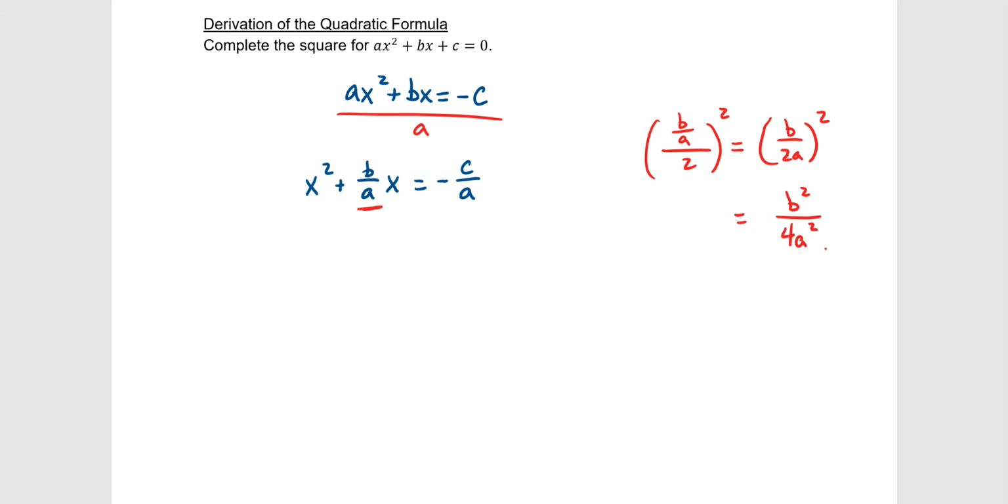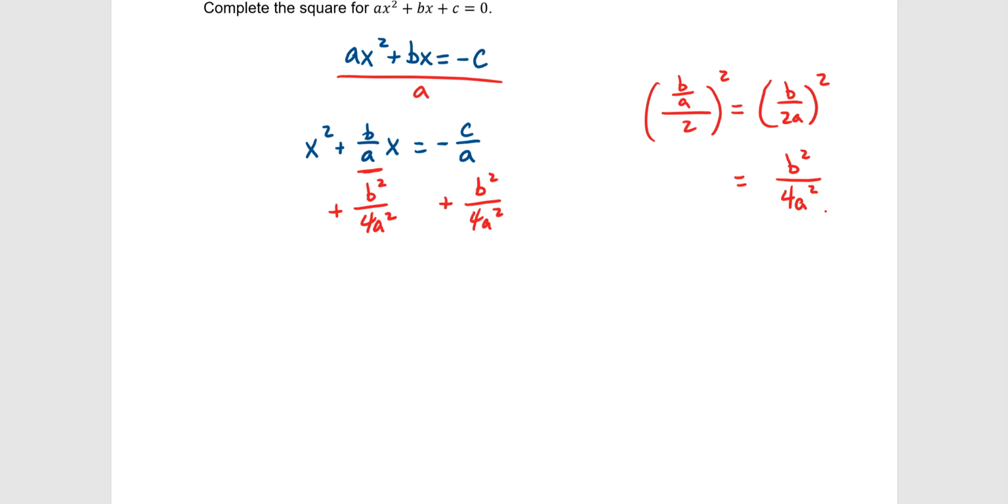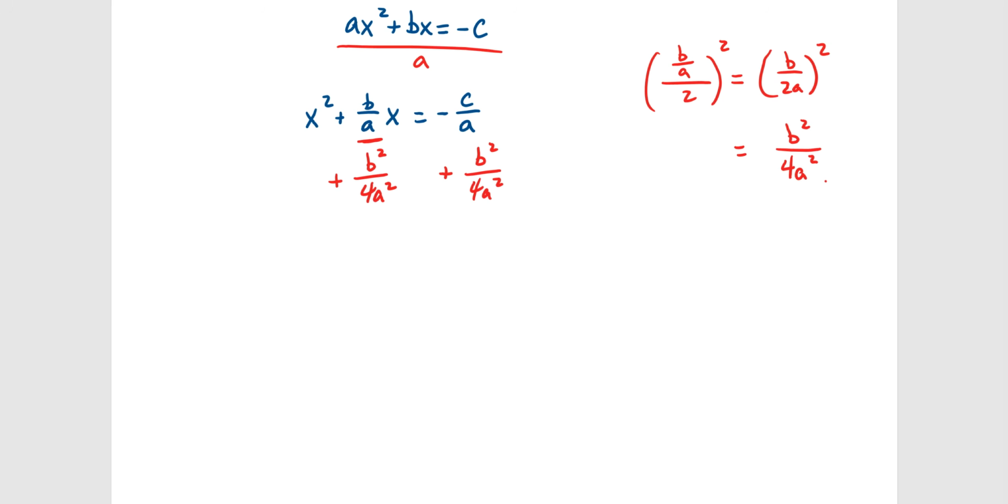So we are adding that to both sides of the equation. On the left-hand side, we get x squared plus b over a x plus b squared over 4a squared. On the right-hand side, we get b squared over 4a squared minus c over a.